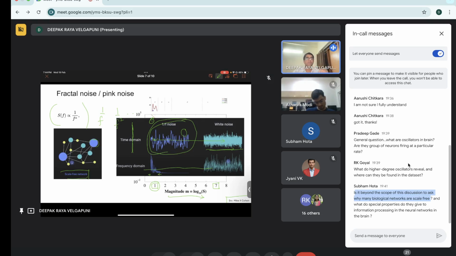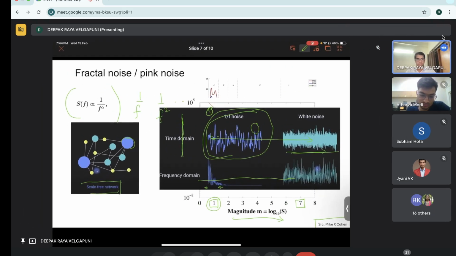There the 1 by f fall will be less, and the 1 by f noise is smaller in local field potentials, which are analyzed using depth electrodes by inserting electrodes in the cortex. I hope it's clear now. Yes, sure.